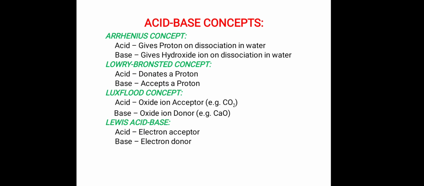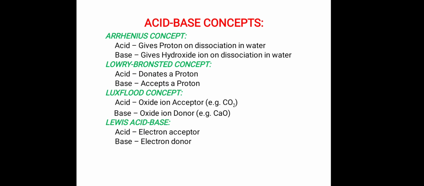Next, we are going to discuss various acid-base concepts. The first concept is the Arrhenius concept. In the year 1884, Arrhenius found out acids and bases.